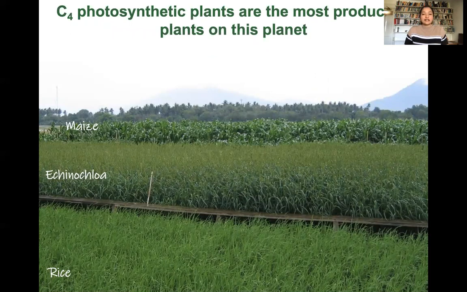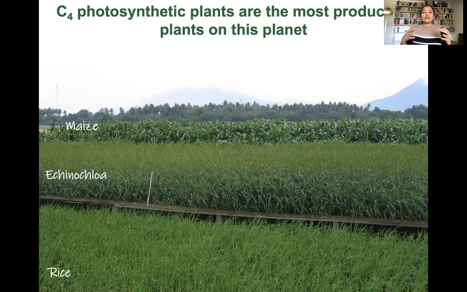And here you can see that on the front of your screen are the rice plants. Next to it is a weed. This is a C4 weed that infests rice fields. And on the rear end are maize plants, which also again perform C4 photosynthesis. So both maize and the weed, which perform C4 photosynthesis, have higher biomass accumulation as opposed to rice.